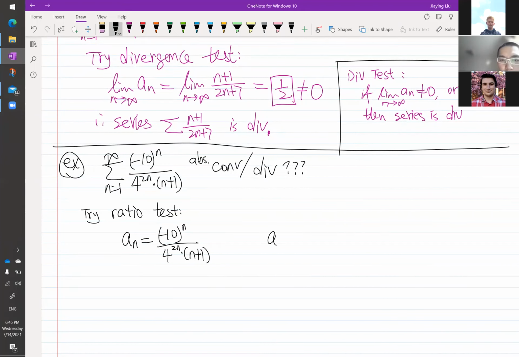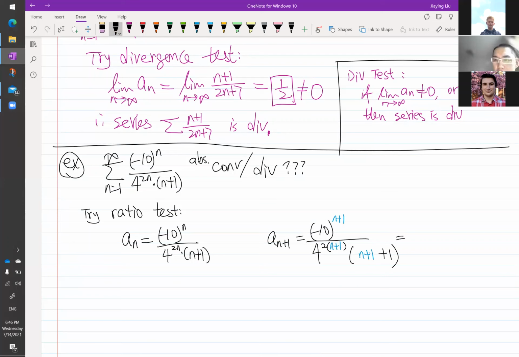And then I'm going to find a_{n+1}. So that will be negative 10 to the n plus 1 divided by 4 raised to the 2 times n plus 1, times n plus 1 plus 1. So n plus 2.